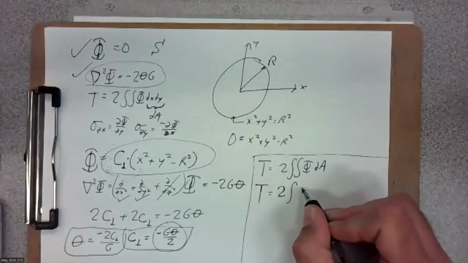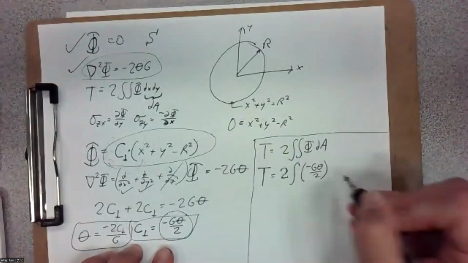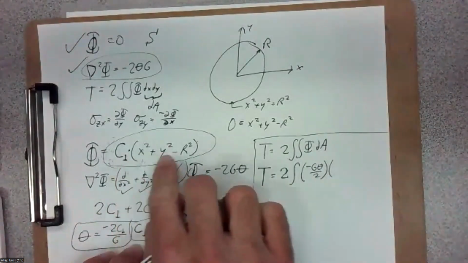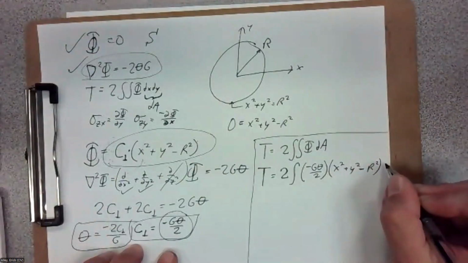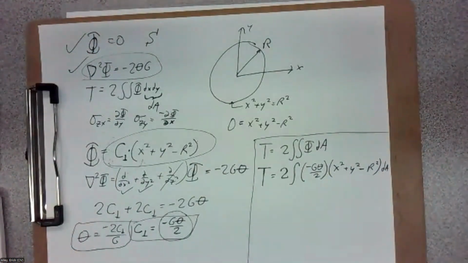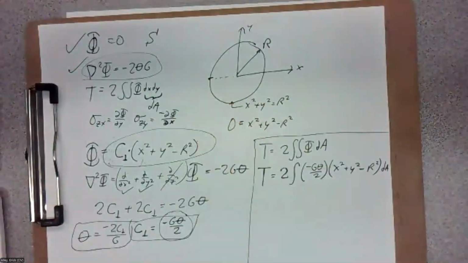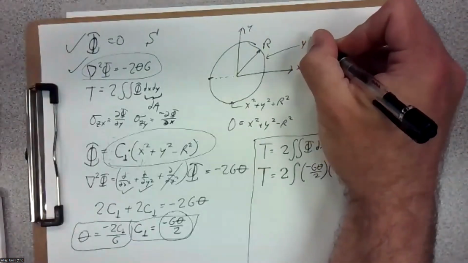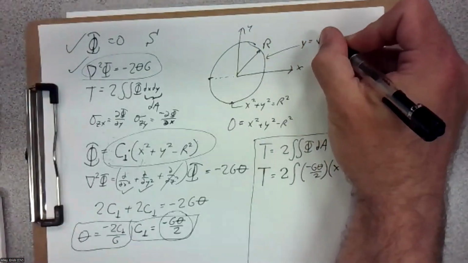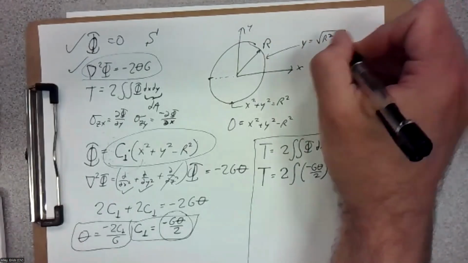So inside my area integral, I've now got this constant out in front, g theta over 2. And then I've still got this stuff behind it, x squared plus y squared minus r squared, d area. Right. Now, if I want to integrate this with x and y, I'll have to integrate the upper half and the bottom half. For the upper half, it's going to be y equals the square root of r squared minus x squared.